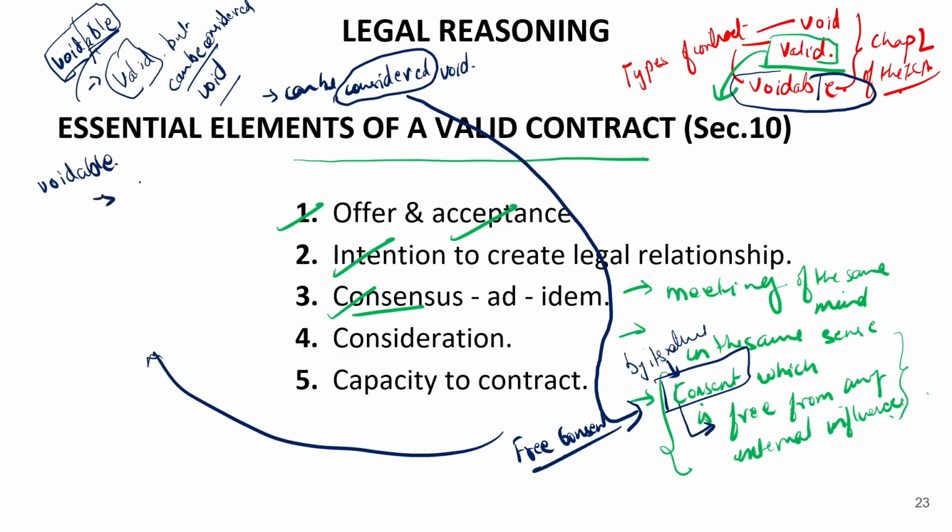And then starting from Section 15 to Section 22 of the Indian Contract Act, you will find mention of those categories which explain that if these particular things are present, then that particular contract becomes voidable in nature.